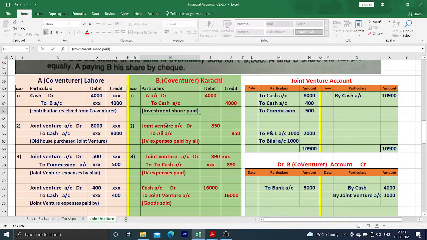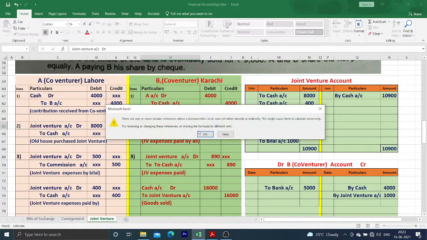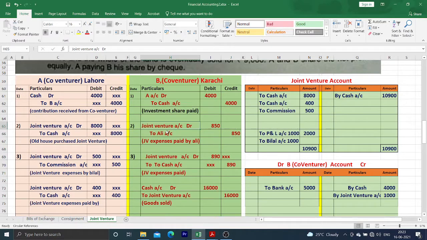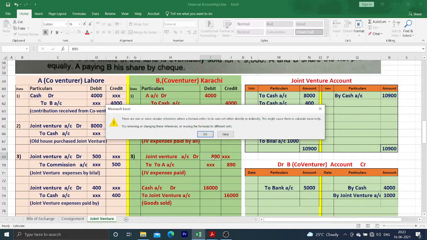Right. Next, the old house is purchased by A. In our books, we will write in the name of A. Joint venture account data to A account, 8,000. And commission is due. Joint venture account data to A account. Commission is due to A. So on his name, we will write the commission amount. Right?